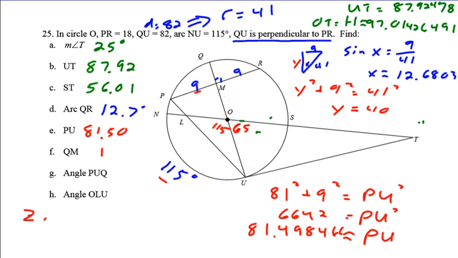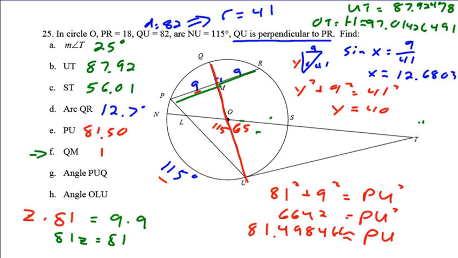Could have done z times, we just said that was 81, equals 9 times 9, 81z equals 81 will also give us 1.